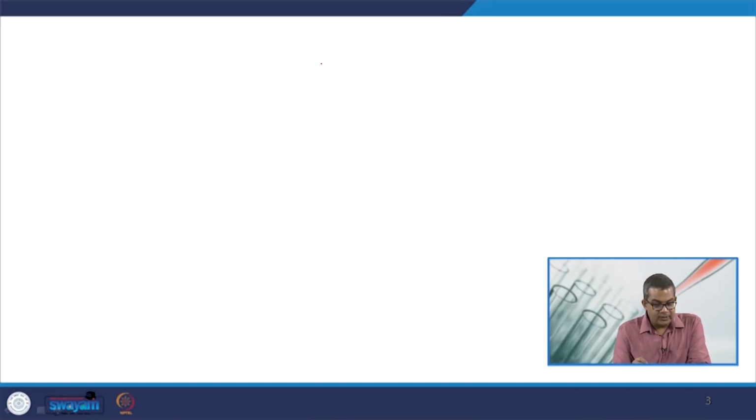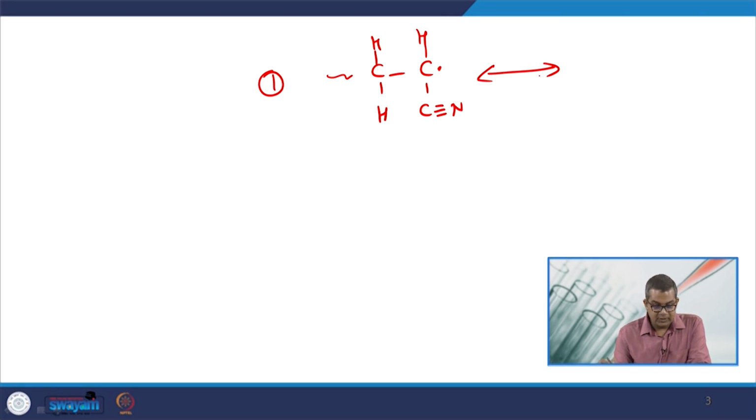This is related to radical resonance. Here the first example carries the cyano group. It's a very popular polymerization reaction, especially used for different kinds of industrial applications.